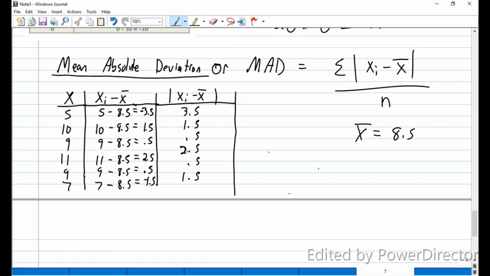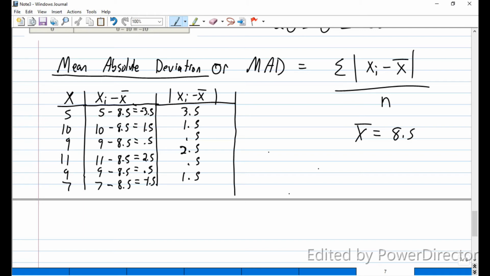So again, I know earlier I showed you that the sum of all the deviations equals 0, and it does. If you add up all those answers in that second column, since you have positive and negative answers, you would get 0. However, with the mean absolute deviation, we're finding the absolute value of the deviations.